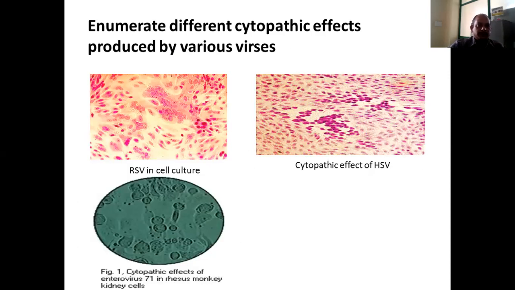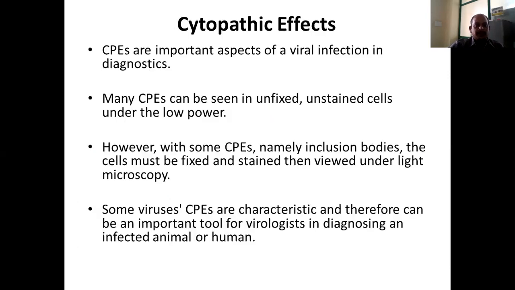Enumerate different cytopathic effects produced by the various viruses. Cytopathic effects are important aspects of viral infections, and they are important from the point of view of diagnosis of these viral infections. Many of these can be seen as unfixed, unstained cells under the low power of a light microscope.